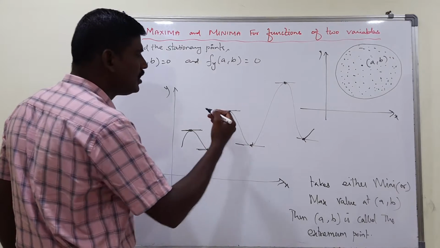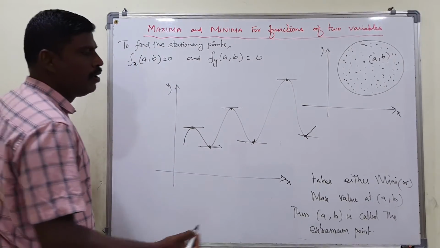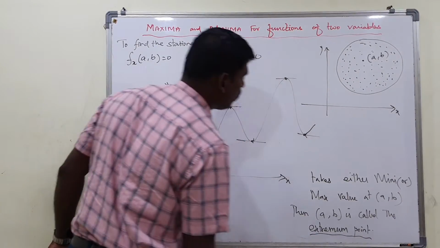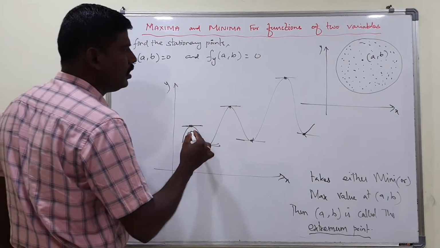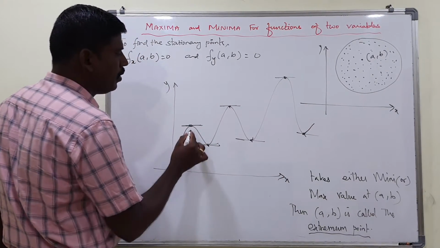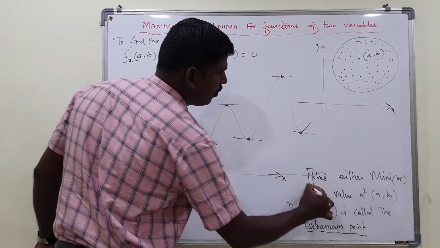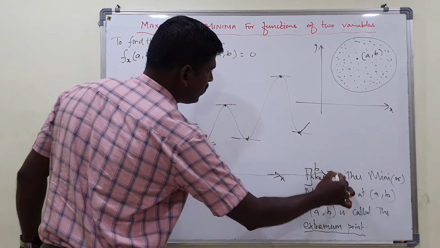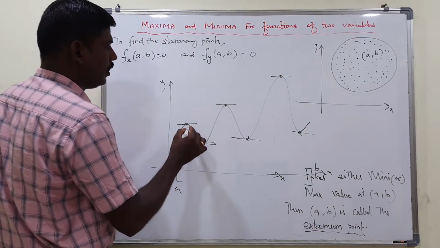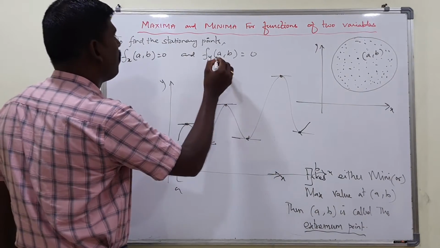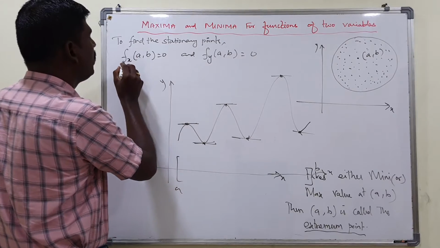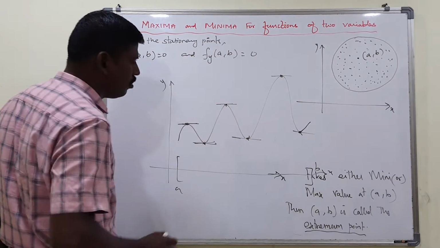How do the stationary points differ from extremum points? Now let us show that. So these are all the stationary points in the interval a comma b on the x-axis, obtained by equating fx equal to 0 and fy equal to 0.